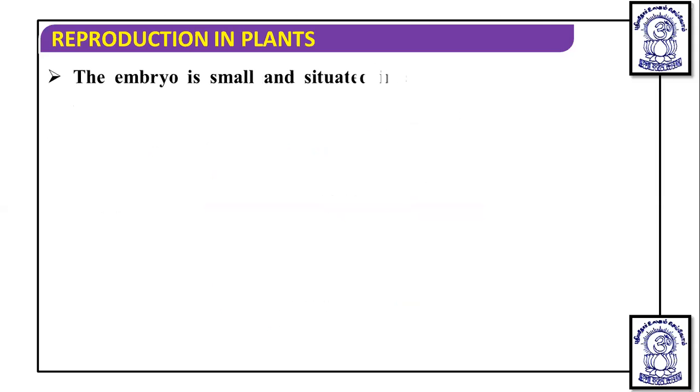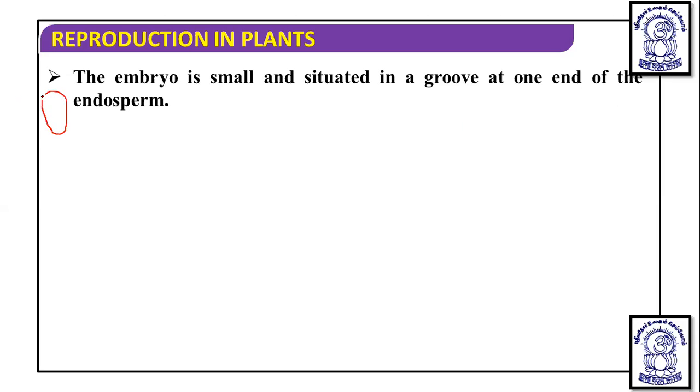Then within the seed you will find an embryo and endosperm, where the embryo is small and situated in a groove at one end of the endosperm. Dear student, we have seen a diagram of this maize seed, and in it we see the particular arrangement of the embryo like this, and the whole seed is present.